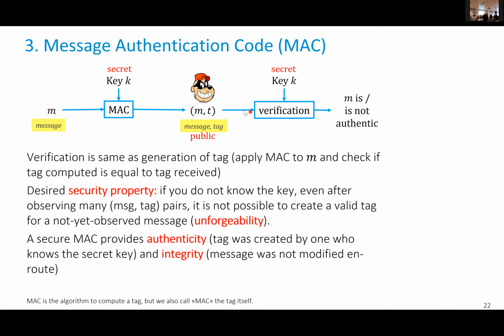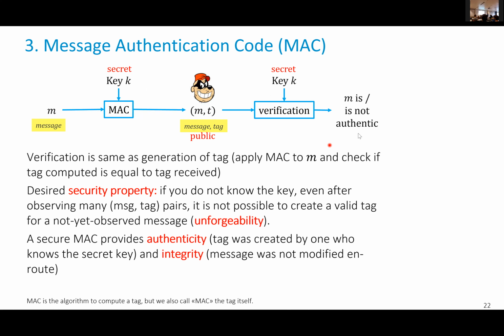And then when this is received, I will also know the key. I know also the message that is done. So I apply the same computation, essentially. I recompute the tag here, and I look whether the tag that I have computed is equal to the tag that I have received.